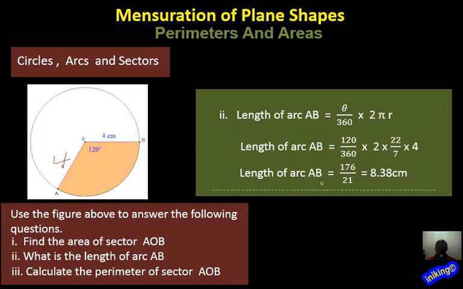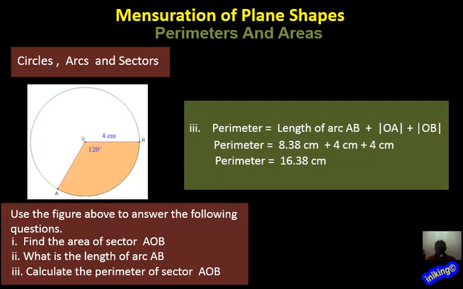We have obtained the length of the arc as 8.38. So we are simply going to add 4, one of the radius, and then 4, the other one. And that gives us the perimeter of sector AOB. Let's see how that plays out. Perimeter is length of arc AB plus OA plus OB.